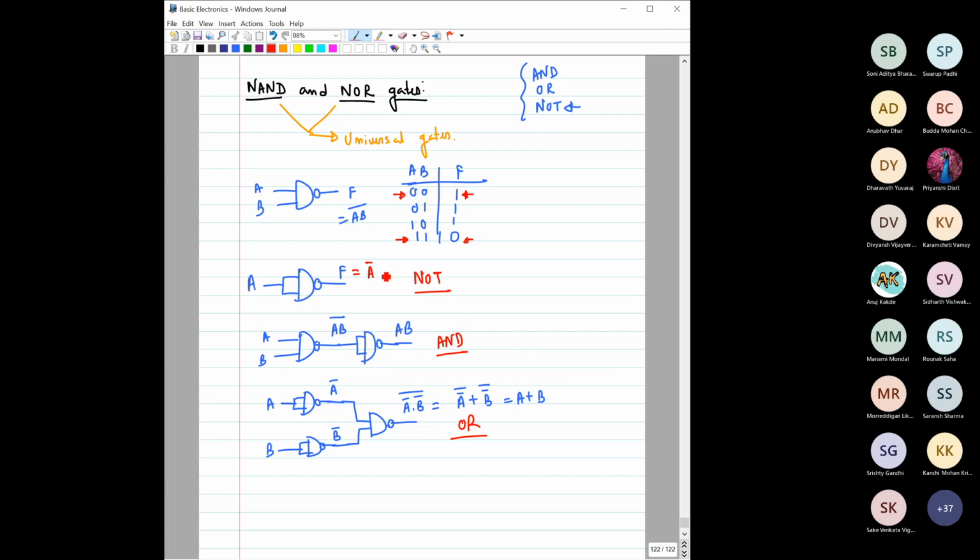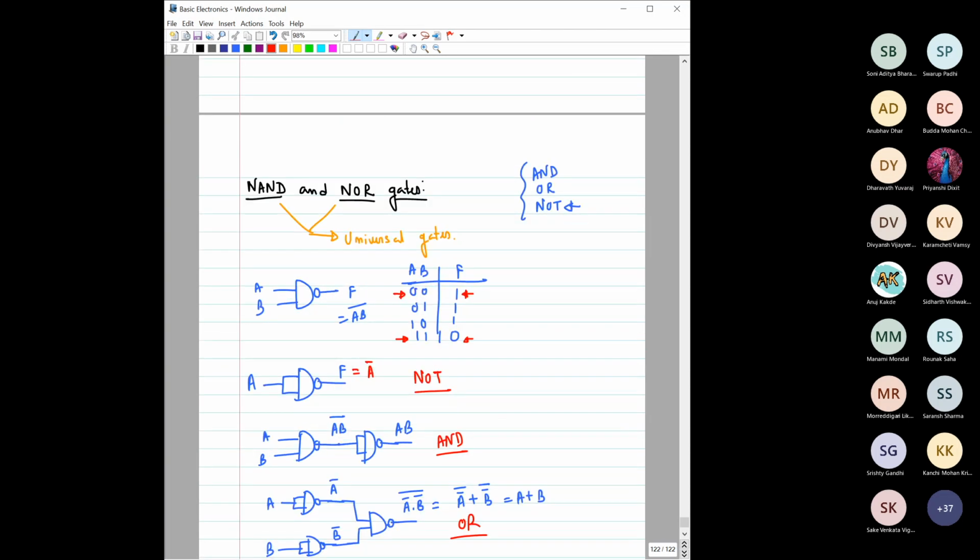So if you can implement the NOT operation, AND operation, OR operation using NAND gate, then any Boolean function you should be able to implement using either NAND gate or NOR gate. Now here in this class, I am only showing the implementation using NAND gate, but I want to give this NOR implementation as a homework.